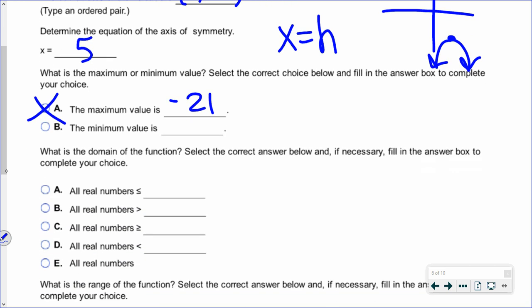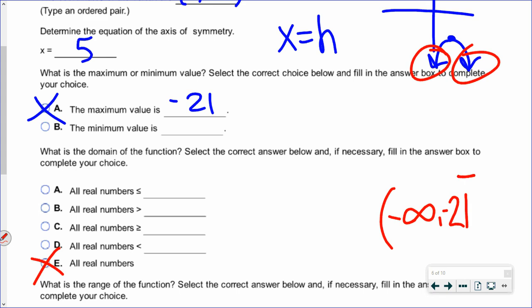What is the domain? How do I read domain? Left to right, there's double arrows, so that is going to be all real numbers. So if I want domain, now what do you think I want? How do I read range? Where do I run into this graph at? Negative infinity, and where do I stop running into it at?